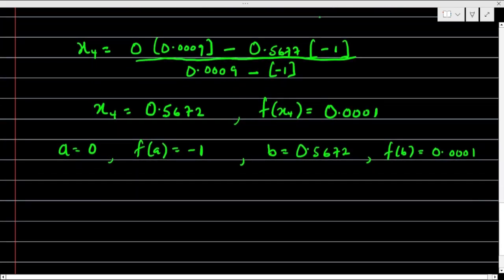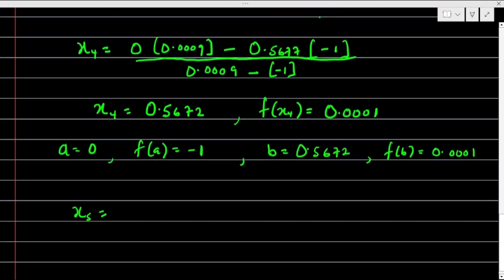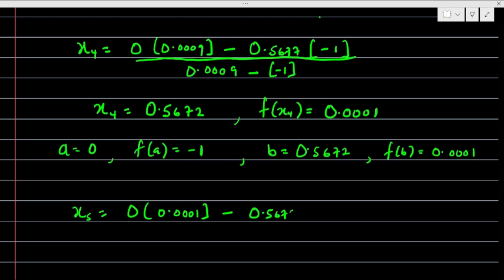So x5 equals a, which is 0, into brackets f of b. F of b is 0.0001, right? Minus b, which is 0.5672, into brackets f of a, minus 1.